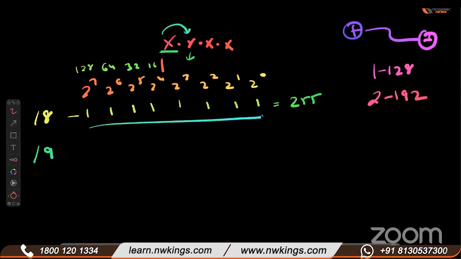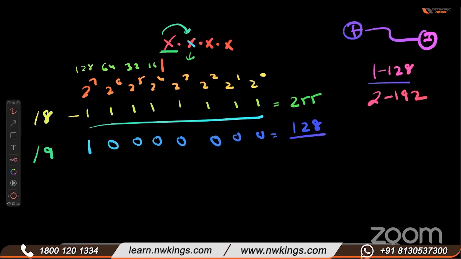In the next octet you have the same values, but you take only 1 here. 8 plus 1, 9. And if you calculate, you get 128. So this is why I have written 1 is equal to 128.